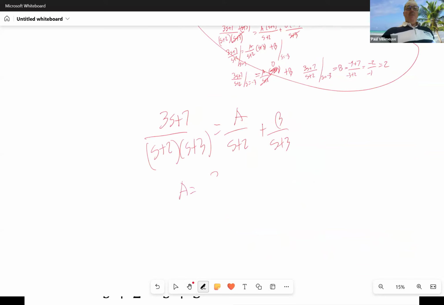A equals 3S plus 7 over S plus 3, evaluated at S equals minus 2. Isn't that basically what we get to? Really quick, right? I got this really quickly. And we already know that that's equal to 1.